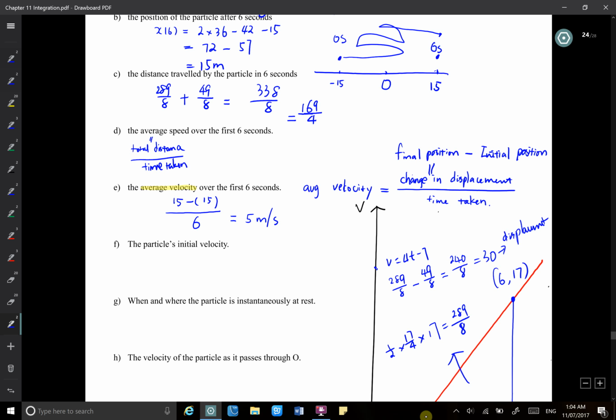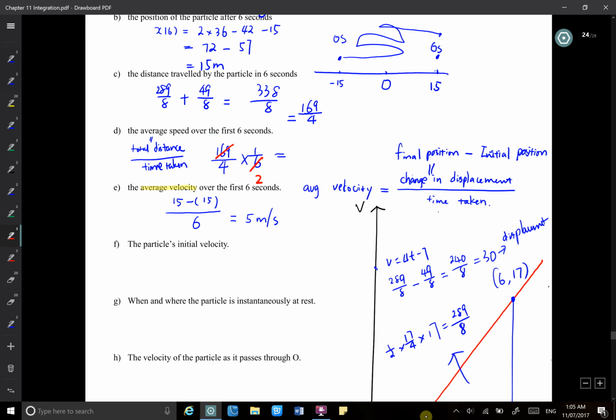Okay, all total distance over the time taken. So that equals 169/4 divided by 6, so times 1/6.